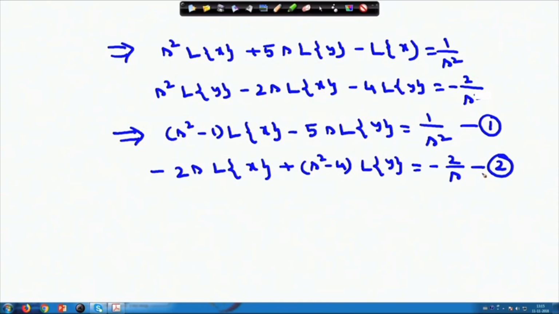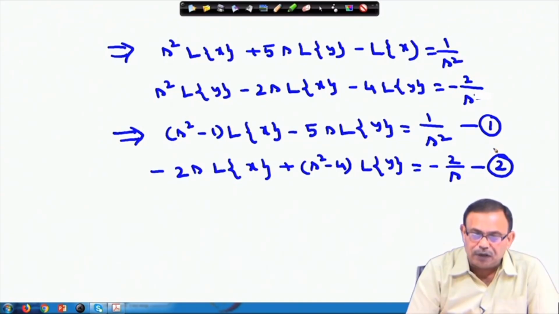Once I have these two equations, if I solve these two algebraic equations, I can find the values of Laplace transform of x and Laplace transform of y.